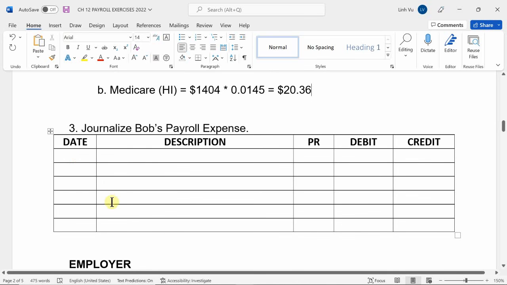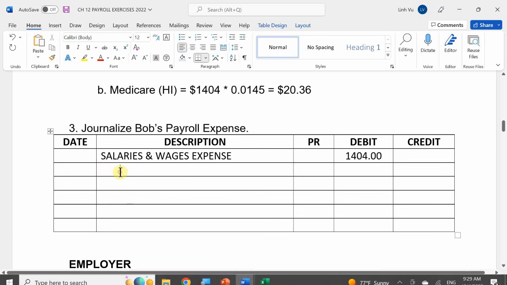So how am I going to issue Bob's payroll? You'll be salary and wage expense, and that would be for the 1404. Good. All right. So then what am I taking out from his paycheck?